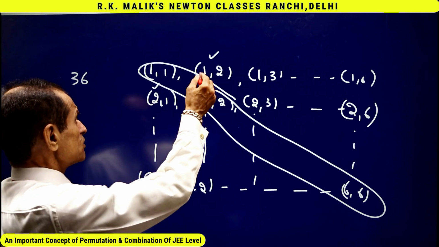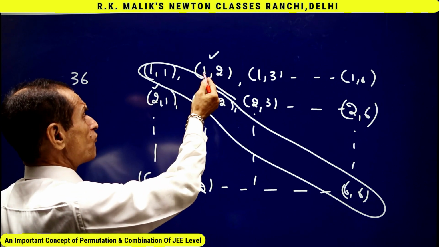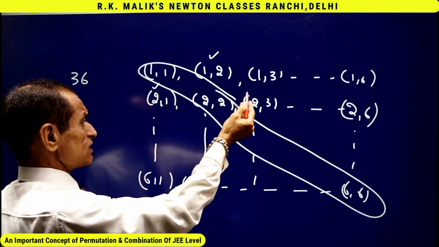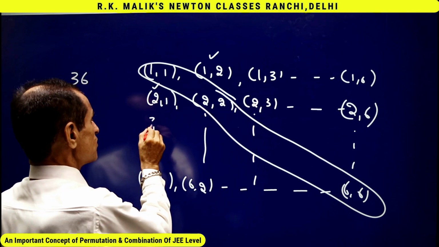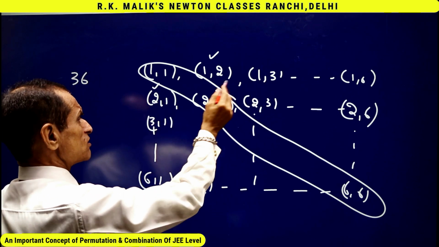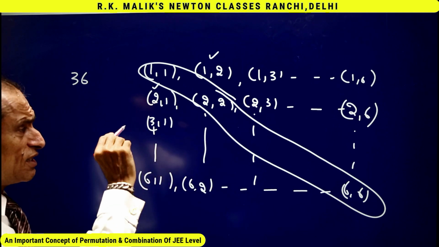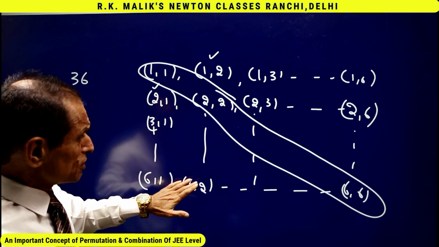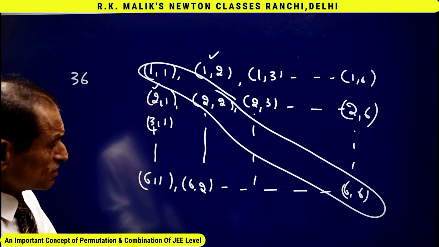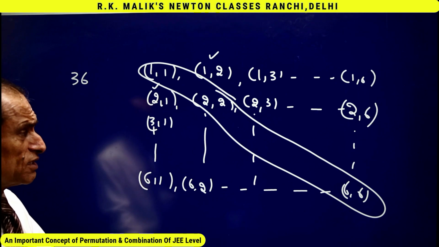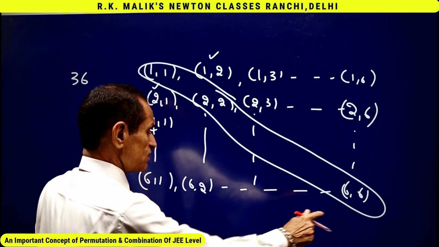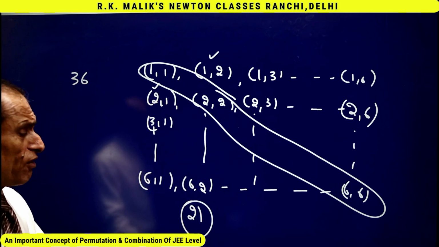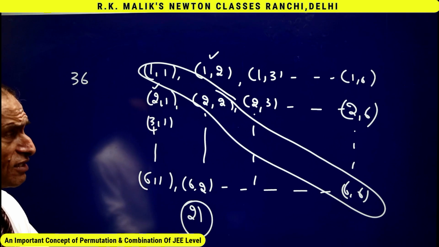But these two cases of two different dice have reduced to only one case. That is because there are in total 30 cases here. Half of 30 is 15. 15 plus 6, 21. Therefore, 21 outcomes are there when I throw two identical dice.